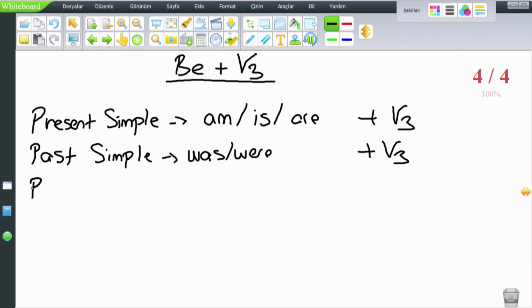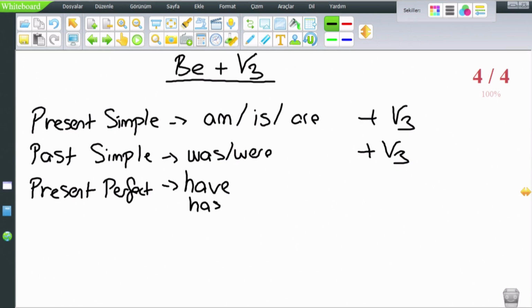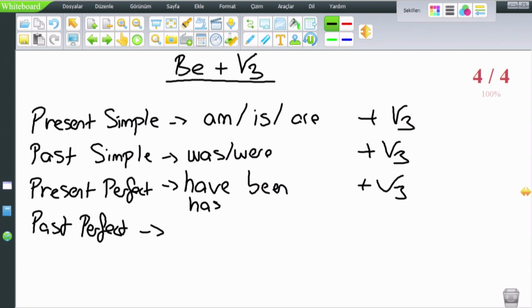If we're talking about present perfect simple tense, we're going to use have or has been, verb 3. If the tense of the sentence is past perfect, we're going to use had been, verb 3.